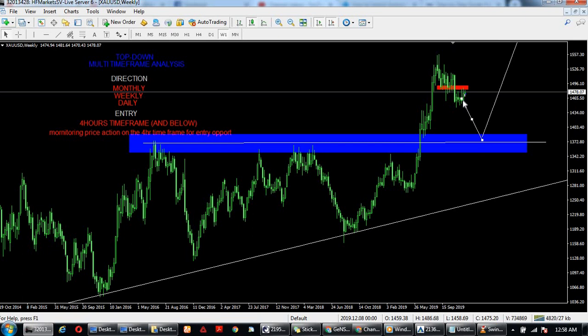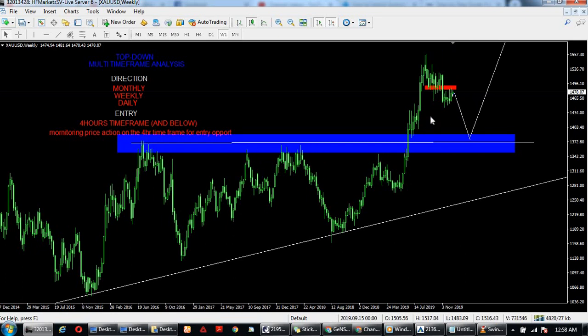So yes, our analysis right from the monthly time frame is very much still on point. So we are on a sell bias from the monthly time frame all the way down to the weekly time frame.